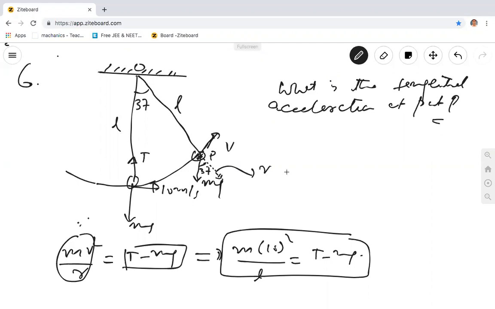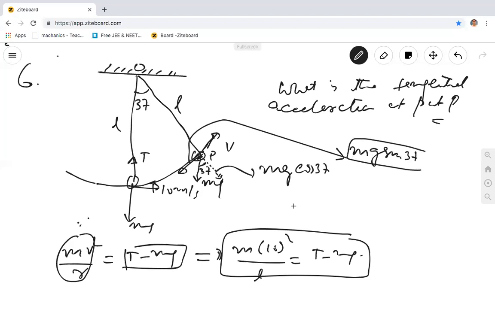That's mg cos 37. Can anybody tell me what is this force in this direction, tangential to the path? This is the path and this component is tangential to the path. Can you tell me what is this force? Mg sin theta, mg sine 37. Yes.